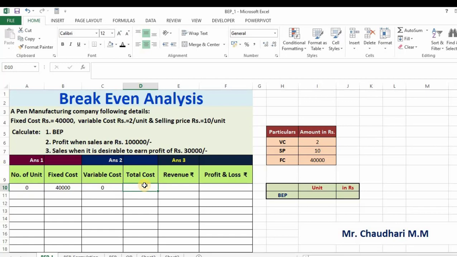Next one is the total cost. Total cost is the summation, or addition, of these two terms, fixed cost and variable cost. Now next, revenue in terms of rupees.